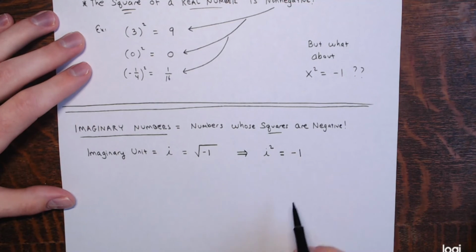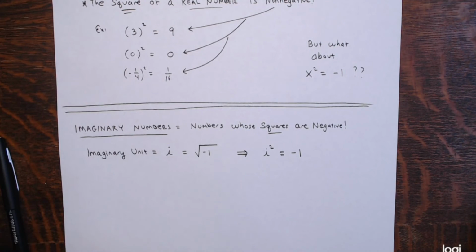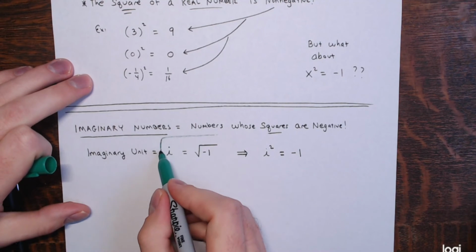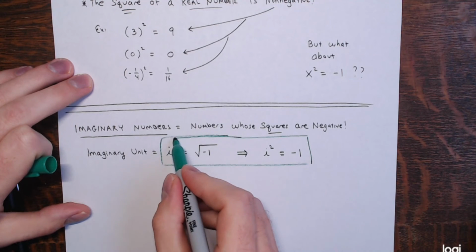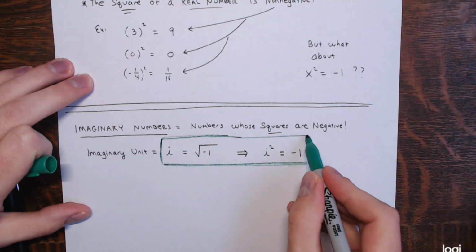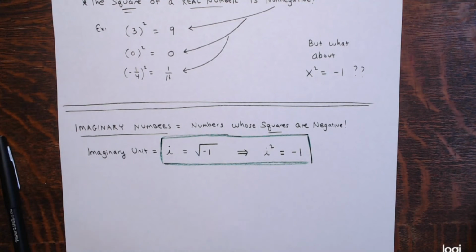You're going to have to remember this especially. So when you see i squared, that's -1. That's going to be key for the rest of this video.